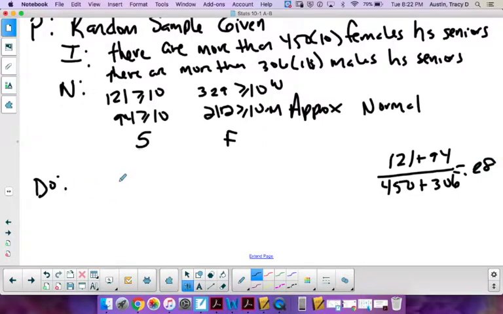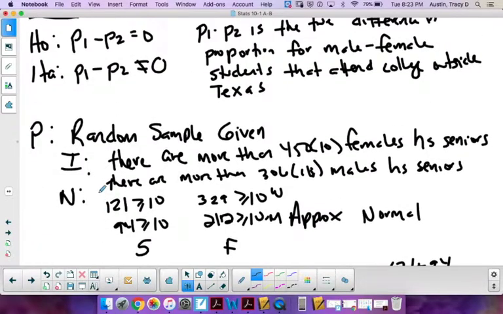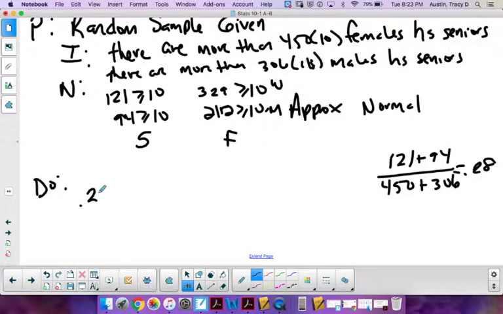And then we need our separate ones, right? 121 out of 450, okay, and that's going to be 0.27. Oh, wait, no, males minus females, right? Yep, male minus female. Okay, so the 0.27 is going to go in the back side, so minus 0.27.